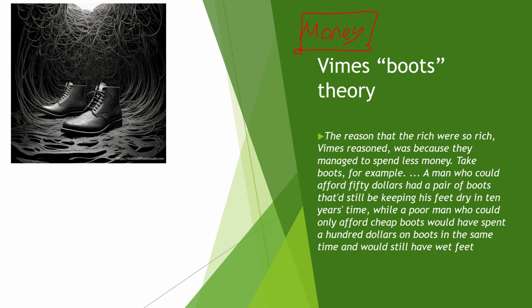Now, obviously, in a great macroeconomic sense, Vimes's Boots theory can't really be rolled out, but nonetheless, in the sense that we're talking about, it can be. I've shown you a method for comparing two products based on the emissions, but 99% of us have to make those decisions based on money.